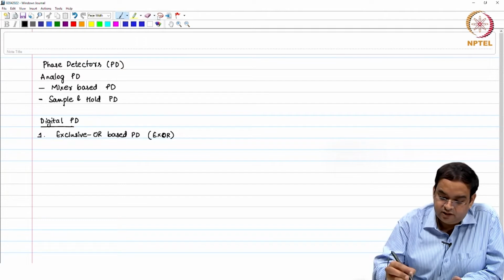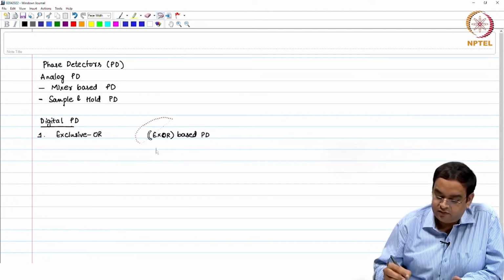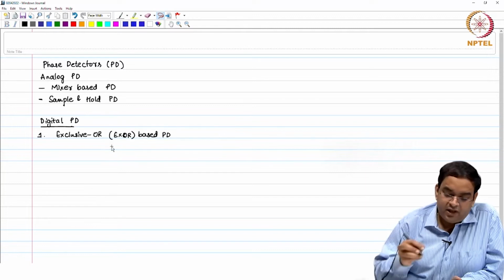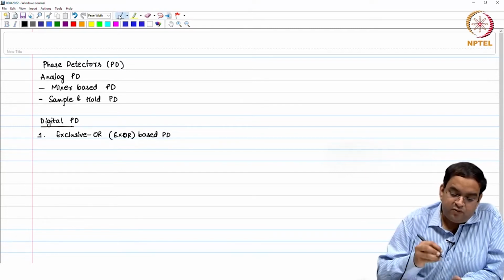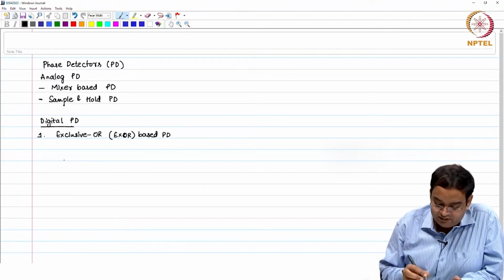This is the exclusive OR based PD. Now, let me first talk about what we mean by phase error when we have two square wave signals. This is something we also saw yesterday.